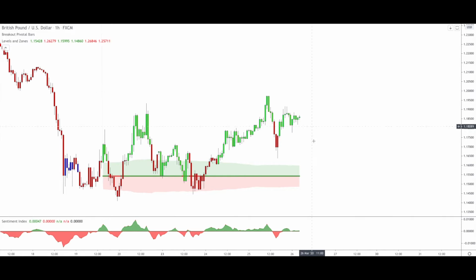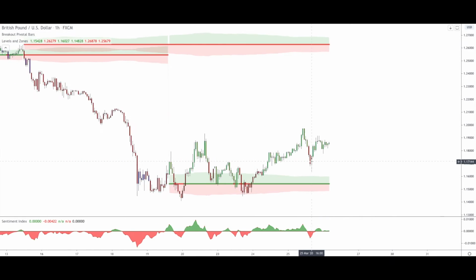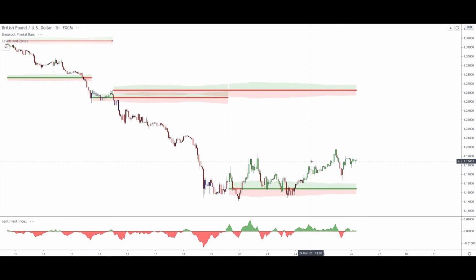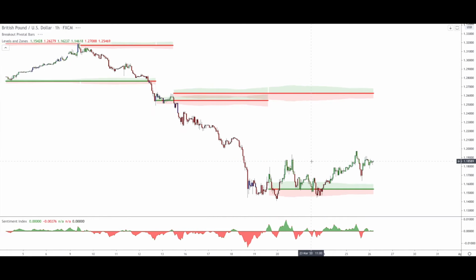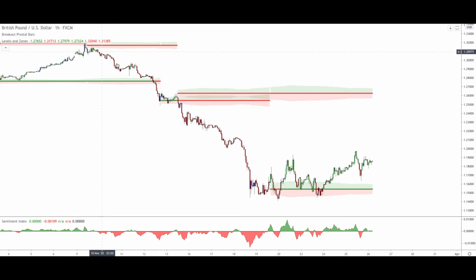this pair. If we have a look at what's going on, we can see that recently we had a very significant downtrend on the British pound versus US dollar. So this is something that we must understand. The pair is in a downtrend.